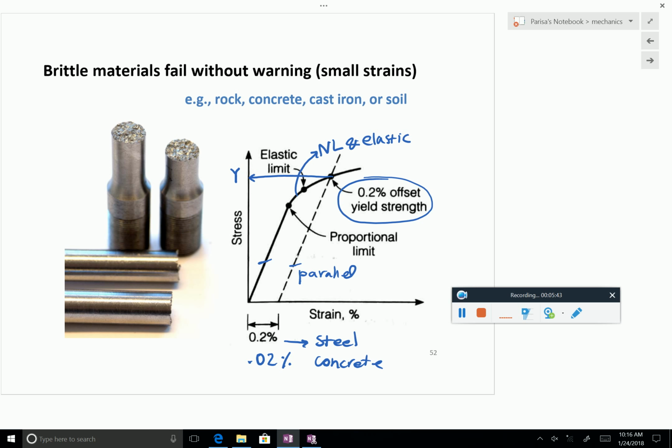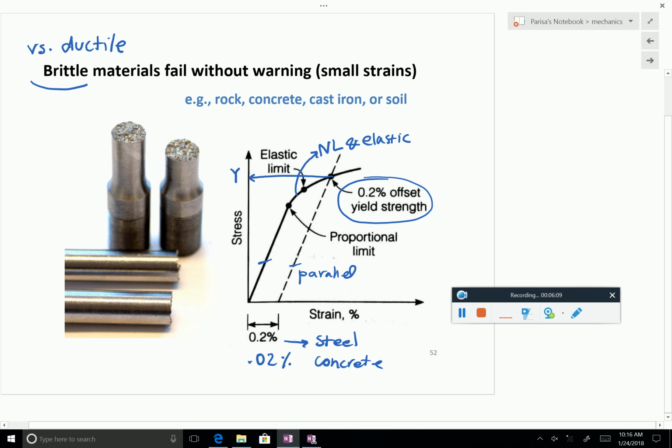Another thing I want you to look at here is when you have brittle breaking, if you look at the cross-section, you don't see this slope, you don't see the deformations, and it is much rougher if you touch it. So this is the difference between brittle versus ductile material.